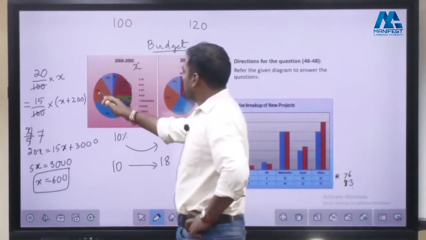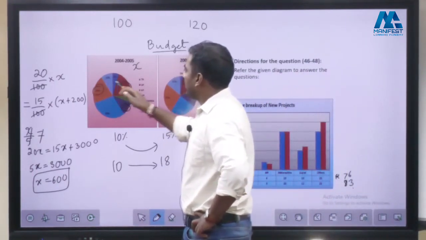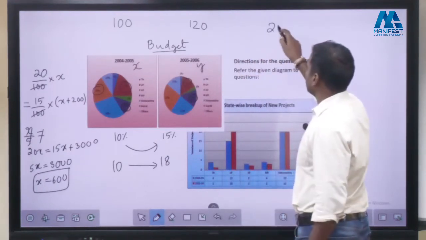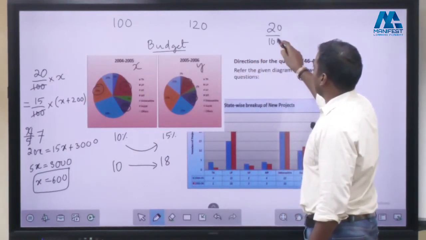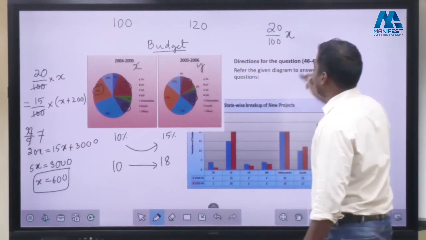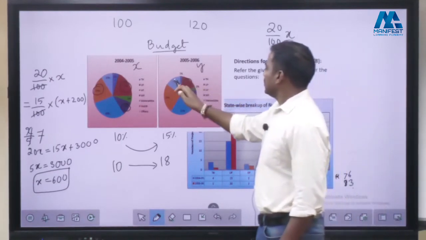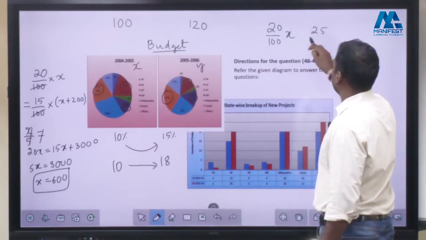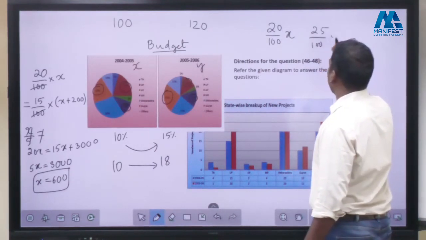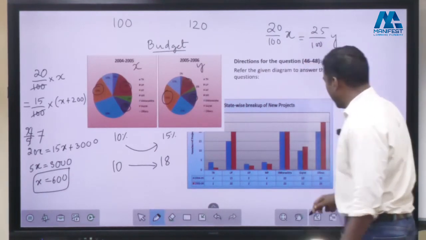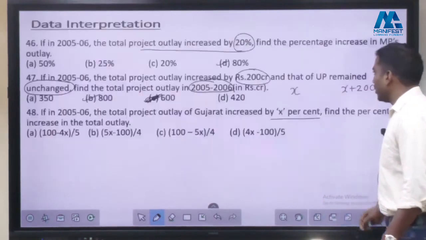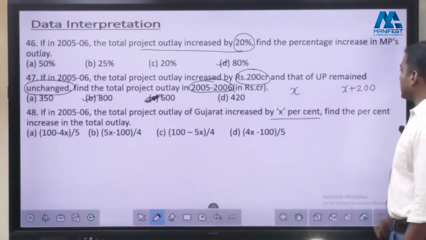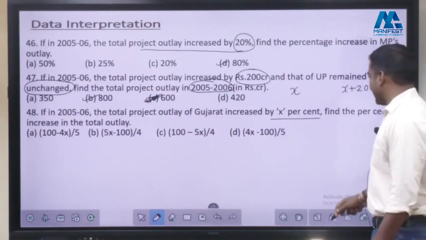Gujarat is last but one, 20% of X. In the next year, it is 25% of Y. And they are telling what? It is increased by X%. Oh, I have already taken X%.